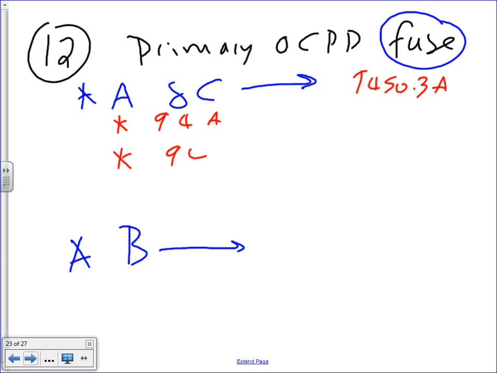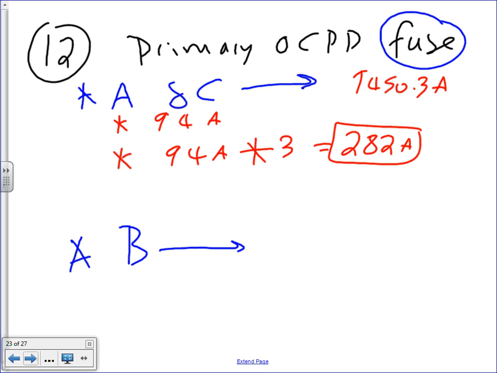Then you take the 94 amps, multiply these babies by what? By 3. That will get you, I think, 282 amps. And then you take the 282 amps, take it to 240.6, and how many fuses?